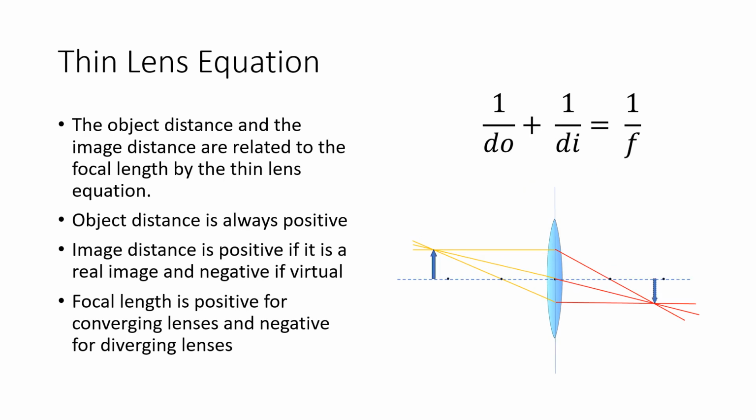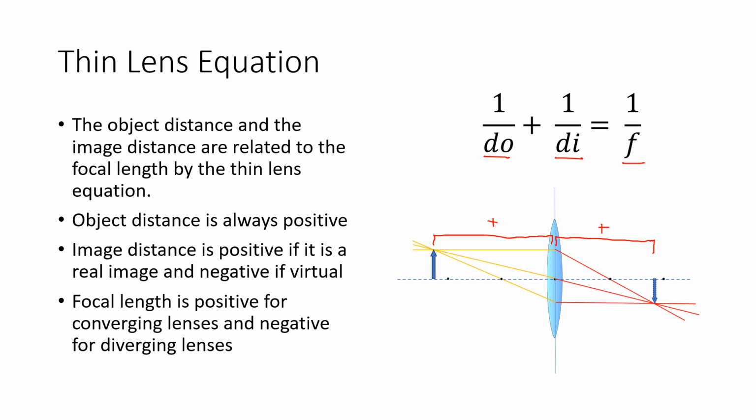So the first relationship or equation is called the thin lens equation. And you can see that it relates the distance to the object, the distance to the image, and the focal length. And so distance to the object, of course, it's from here to here. And this is always going to be a positive value. Distance to the image from here to here, that's going to be positive if it's on the opposite side from the object, and negative, of course, if it's on the same side.